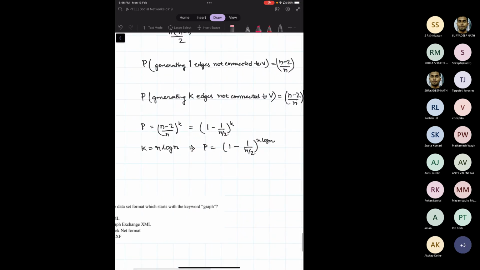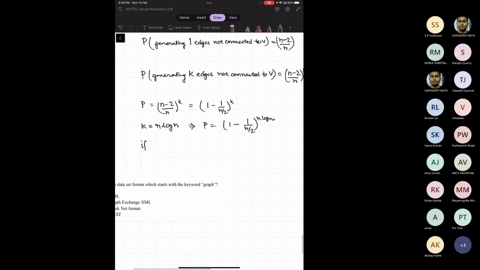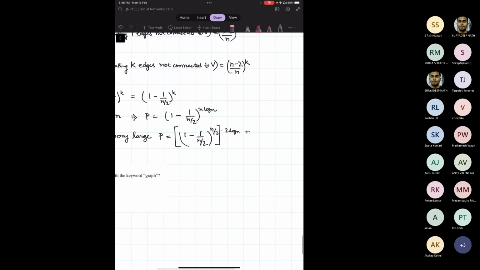Now if n is very large, we can write it like this, into 2 log n, and this term for large n would become e to the power minus 1.